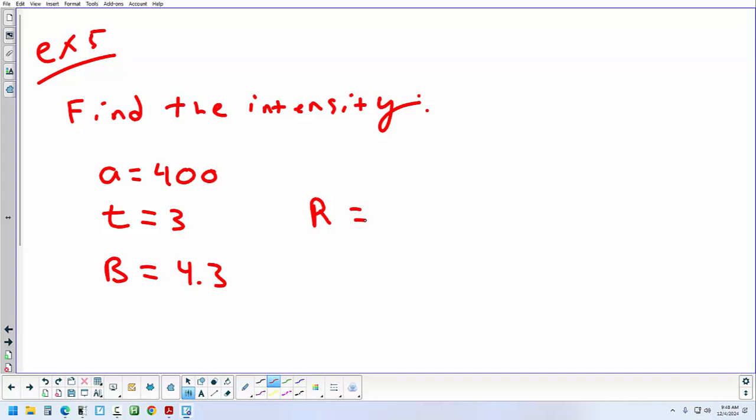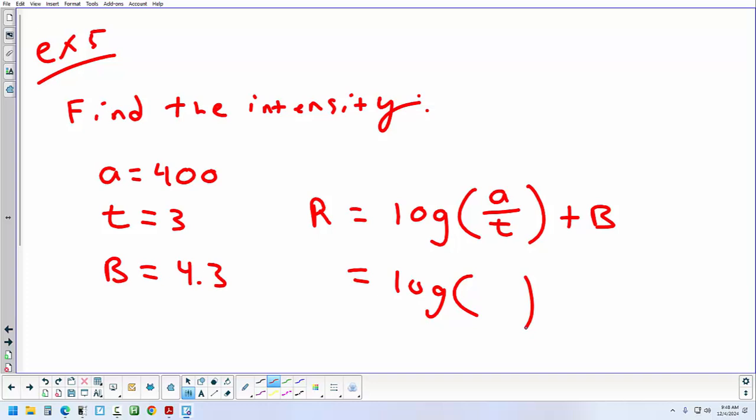Okay, first, can someone remind me what's the formula without anything plugged in? Yeah, Ilya. R equals log A over T, plus B. Okay, so let's fill that in. So log of A is 400. T is 3.